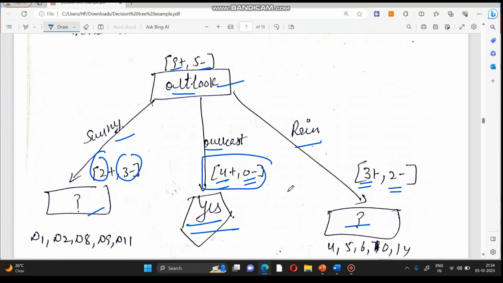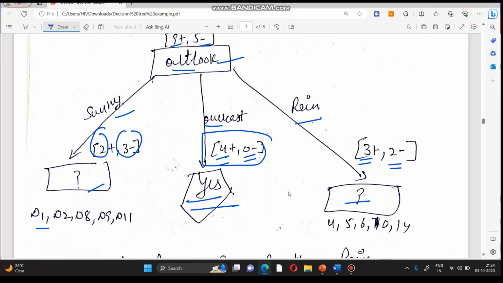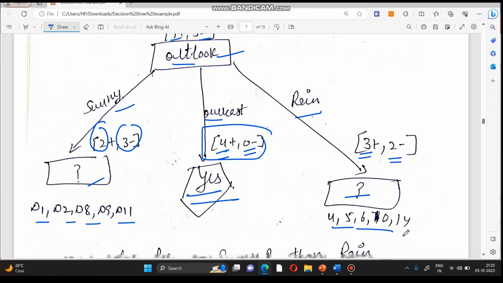So for the sunny case, we have these attributes. I have already shown you how these five rows are there, and these are for rain. For overcast, we need not expand further. Now, based on these rows, we will split the main table into 2 subparts.